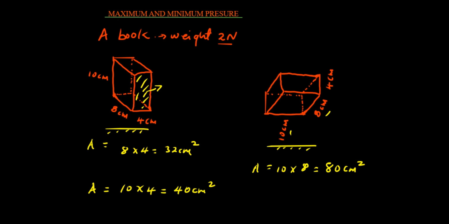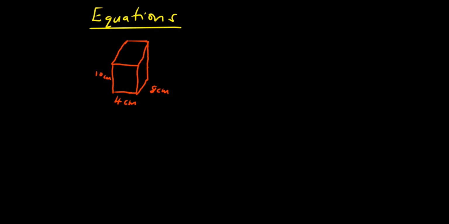Now, because we've kept the weight constant, you'll see that these areas will give us different values for pressure. So let us label the areas. Let's say this area is A, this one is B, and this one is C. So A gives us a total area of 40 square centimeters.